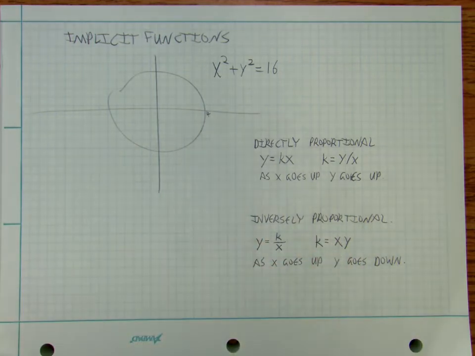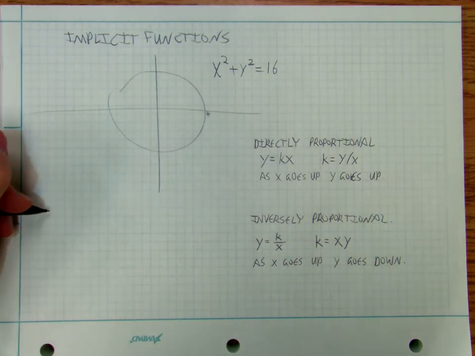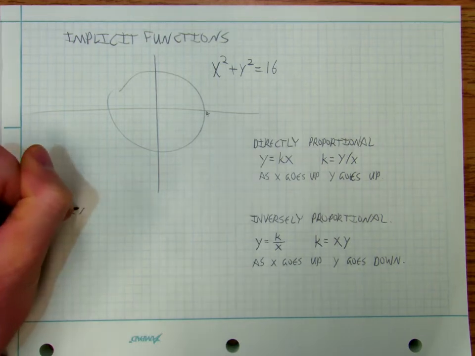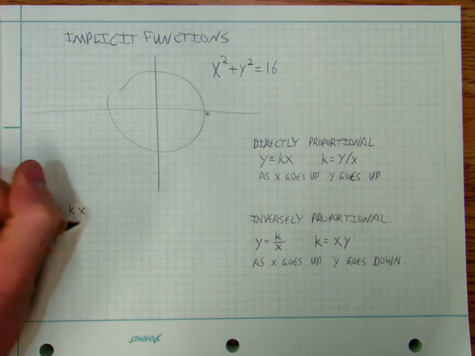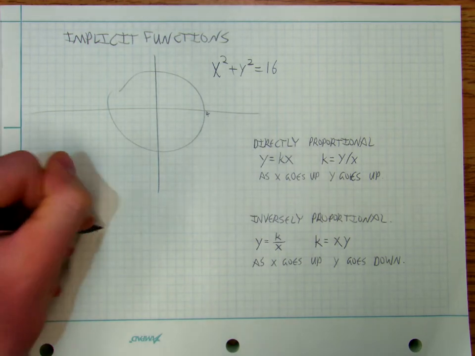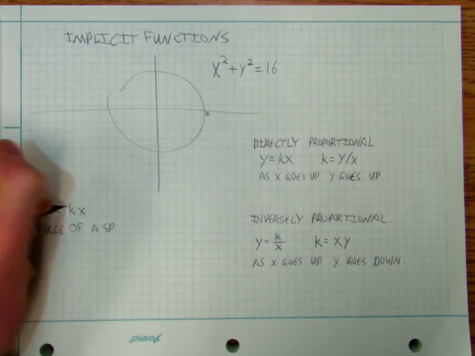So if I say a good example would be F equals kx, and so it's the force of a spring. Let's make that negative.